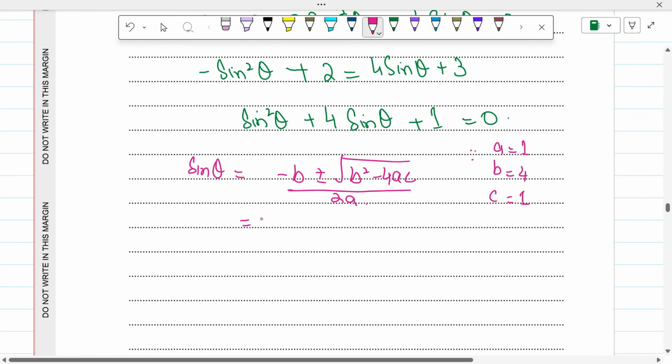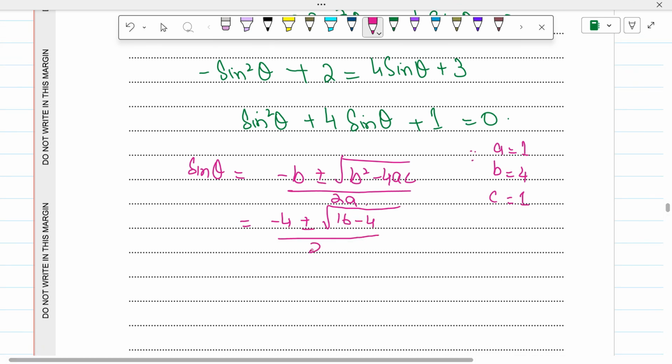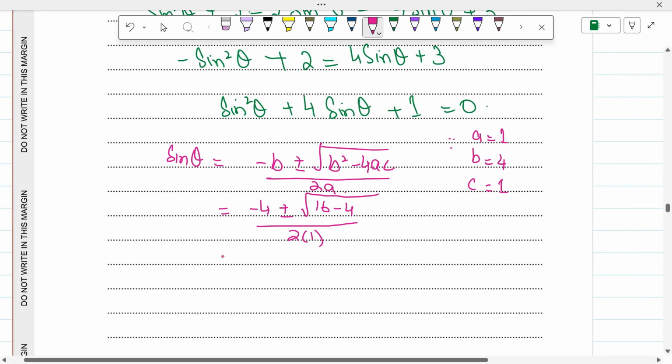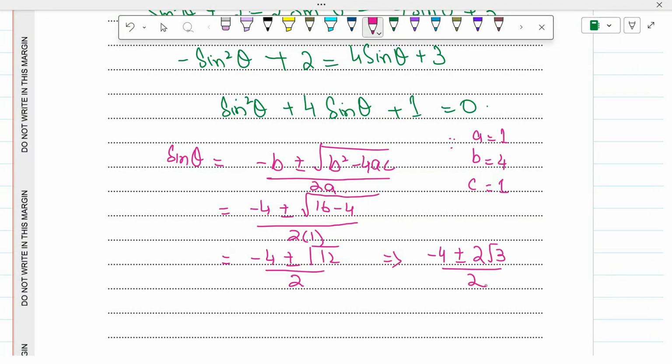So plugging in, we have negative 4 plus or minus under root 16 minus 4 times 1 times 1, which is 4, over 2 times 1. So we will have negative 4 plus or minus under root 12 over 2, which gives negative 4 plus or minus 2 under root 3 over 2.